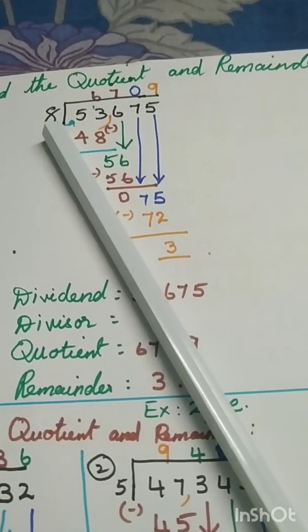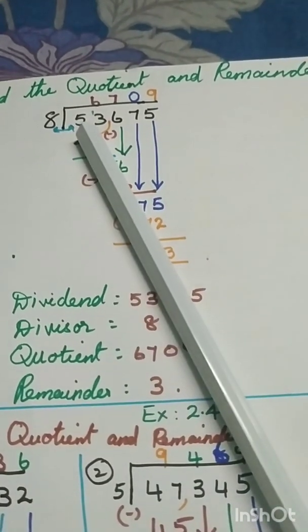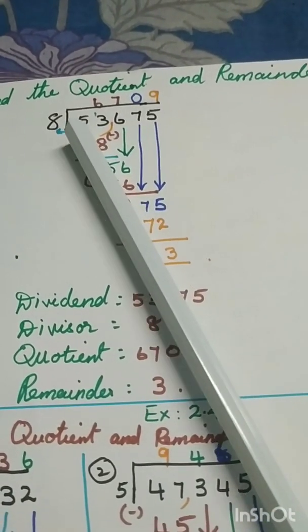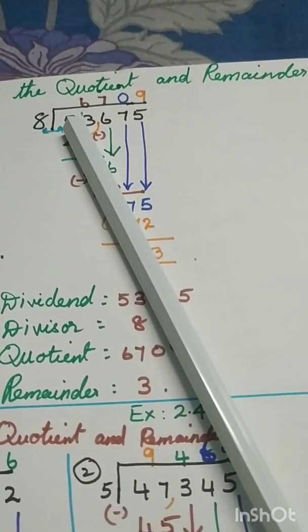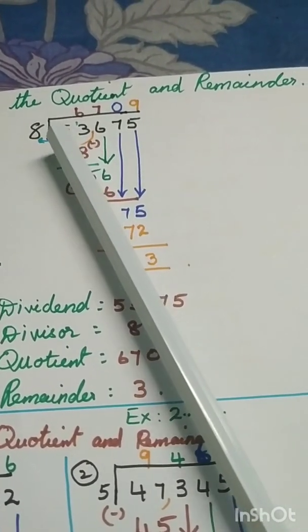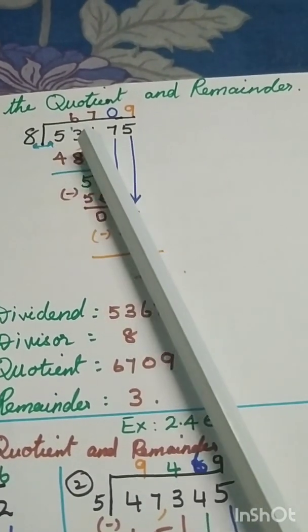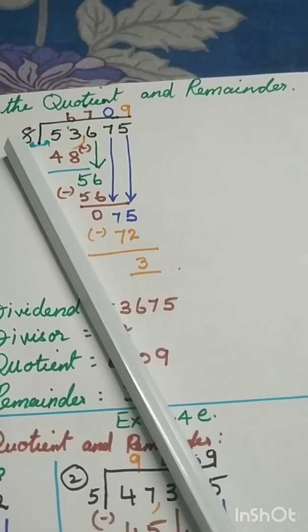8 is the divisor and this is the dividend. The first number, if you see, is 5, then 8. Which is bigger? 8 ones are 8 will not go. 8 fives, no, wrong. So what we have to do is take two numbers. 5 is lesser than 8, very low than 8.